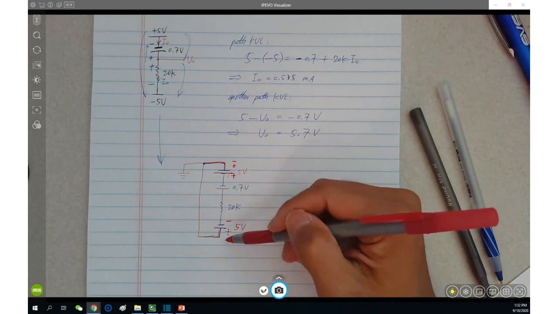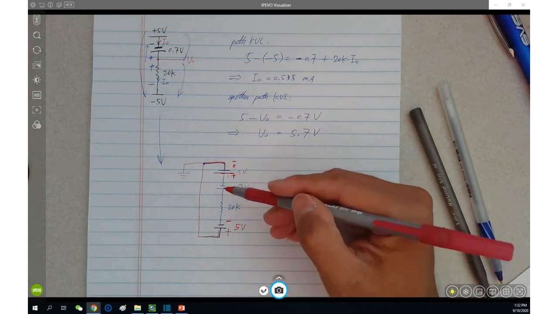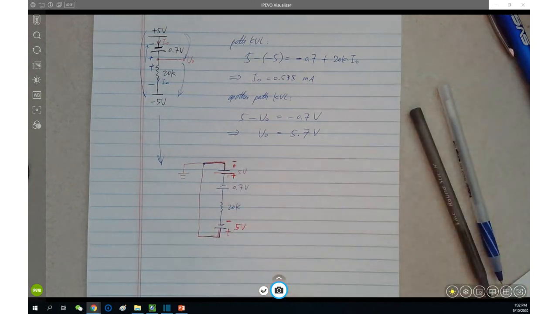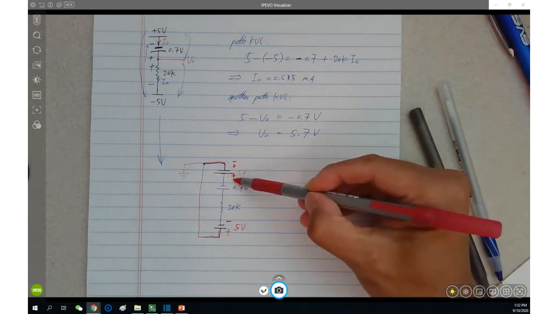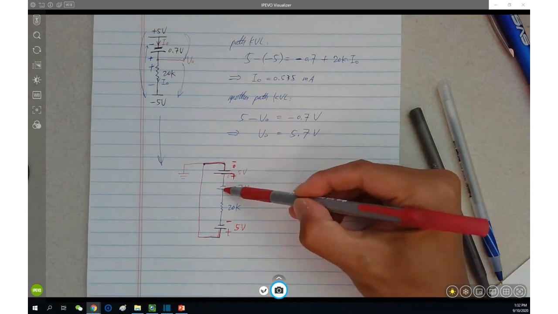This is what we did in lab 1. Remember how we connected positive and negative power supply to the 741 chip? Remember what we did last week? So once again, the positive is here, feeding the rest of the circuit.